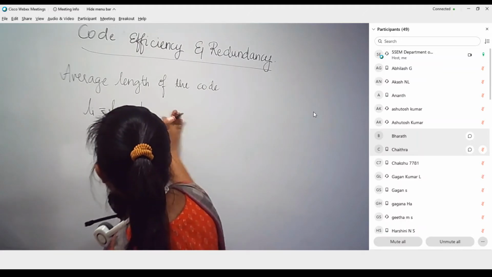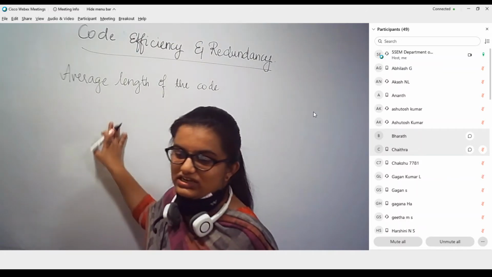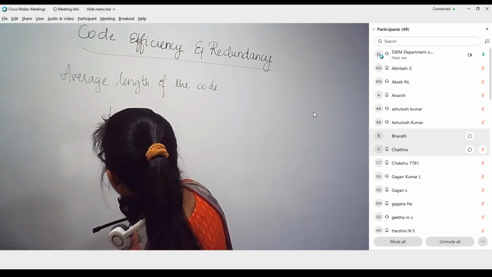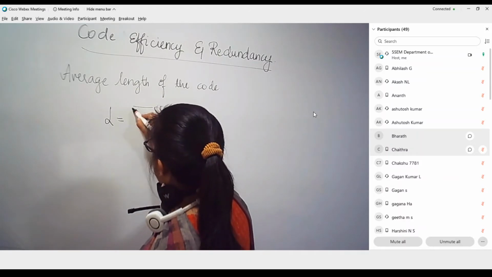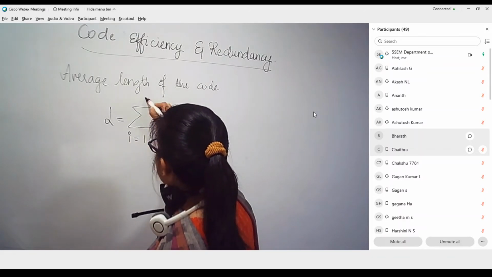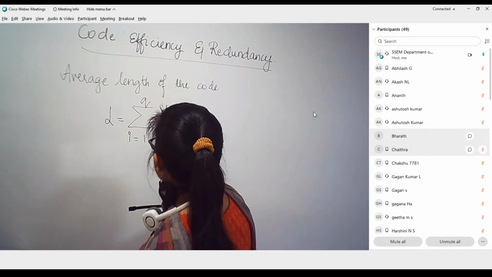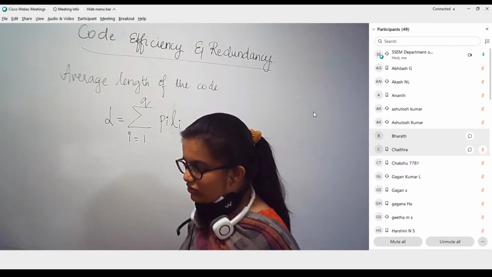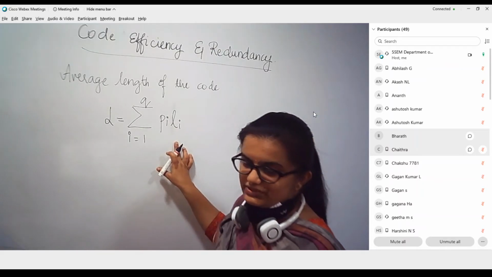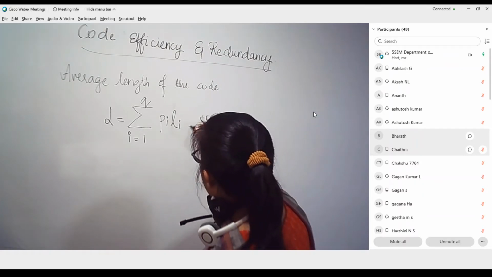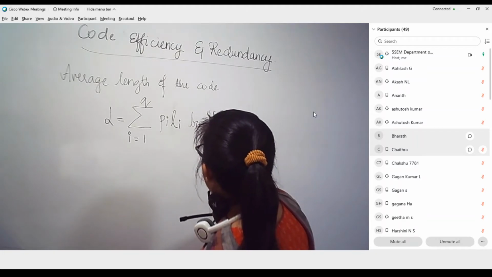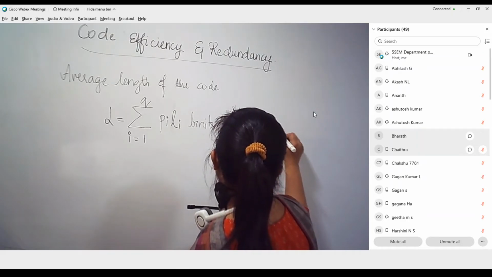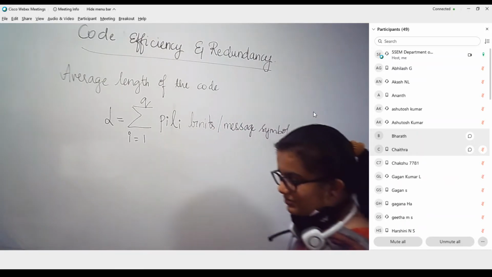If I have q such symbols emitted out of the source, then the average length of the code is given by capital letter L, which is the summation, i running from 1 to q symbols, of Pi into Li. We find the average length of the code by measuring this parameter, which will give us an idea about how many bits are assigned per message symbol.